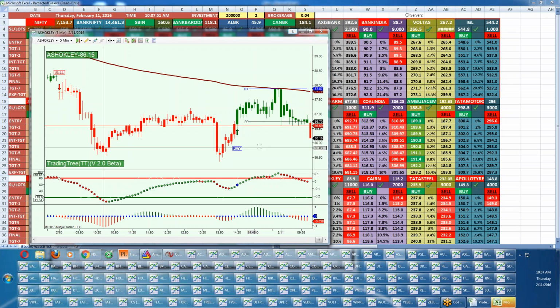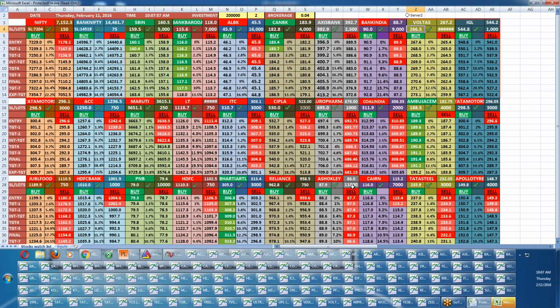So we should be getting a sell call in Ashok Leyland now. So we will not be coming out of this particular trade. That is a short in Ashok Leyland.